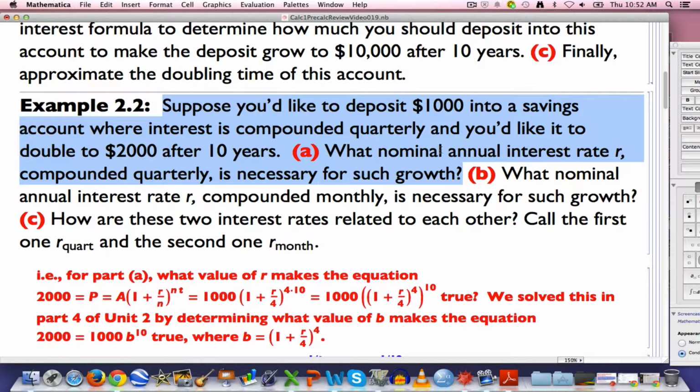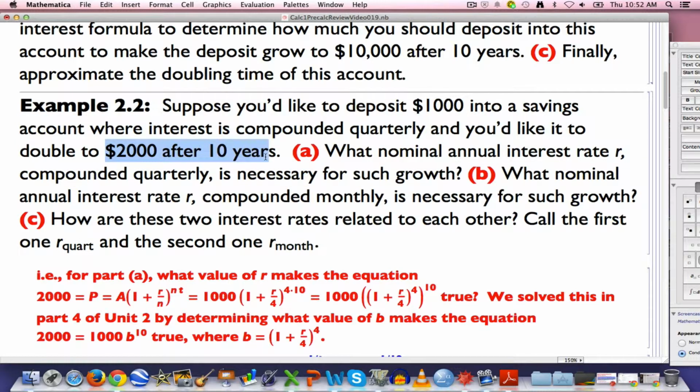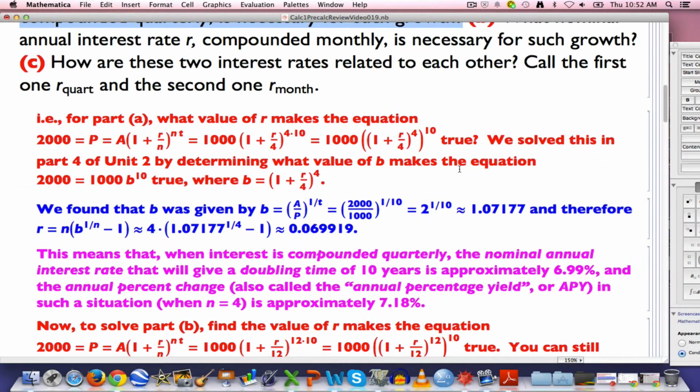Okay? So the first question: you deposit $1,000 and you want it to double to $2,000 after 10 years. The question from the last video that we answered is, what nominal annual interest rate R, compounded quarterly, is necessary for such growth? The first 3 lines that I have down here in red, blue, and magenta address that. The first one, and the second one, helps us solve the problem.